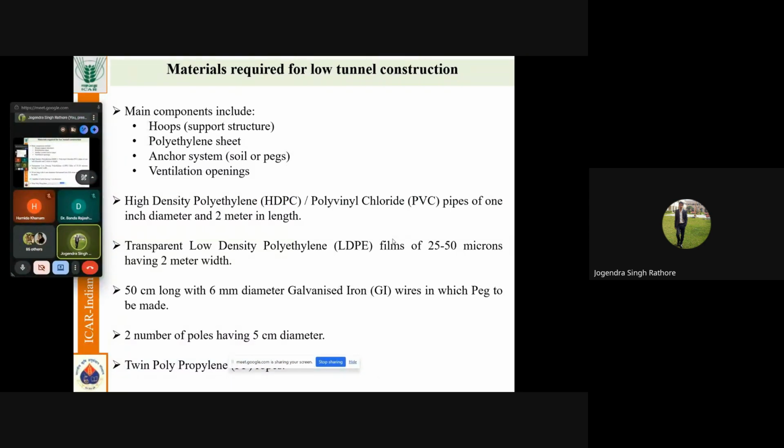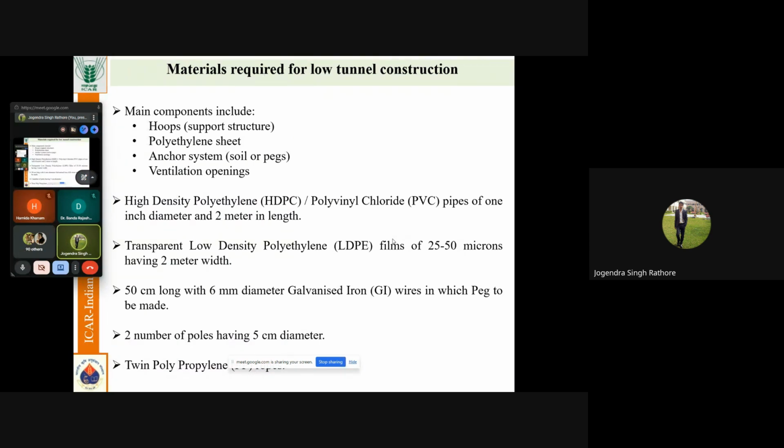Then second is your plastic covers, for which mostly we go for transparent polythene film of 30 to 50 microns, and we can also go for HDPE also. This LDPE is of 30 to 50 microns, and GI pipes are used for your bags.